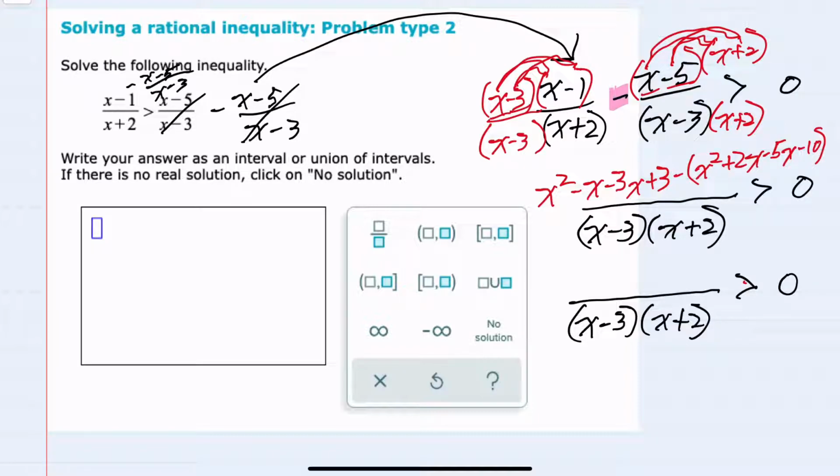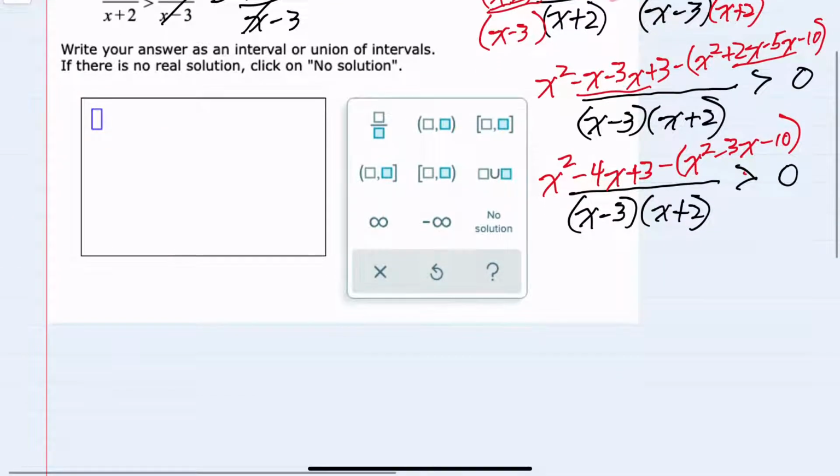From here, I can start to simplify that numerator, everything else being the same. In this first bit, I have a single x squared, but then a minus 1x and a minus 3x would give me a minus 4x. Bring down the plus 3. I'll keep these parentheses for now. In the second part, I also have a single x squared, but the 2x and the minus 5x can combine to be a minus 3x, bringing down the minus 10.